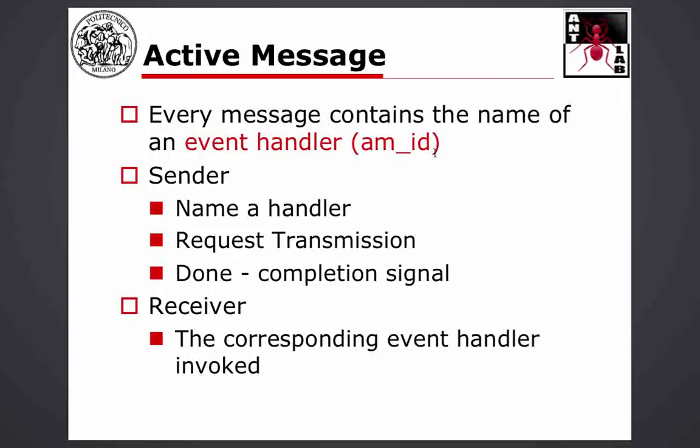Something like on which port we want to send or listen. By doing this, we can send different messages, for example, on different IDs, but we have to make sure that who is sending and who is receiving are actually using the same ID. Otherwise, no communication will be performed.